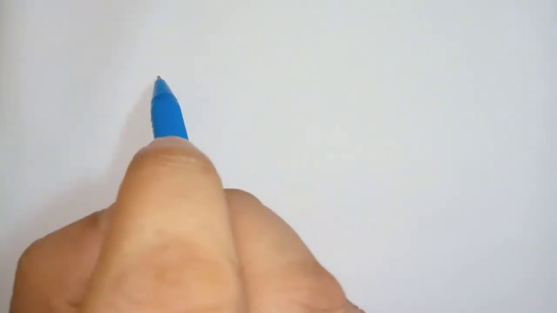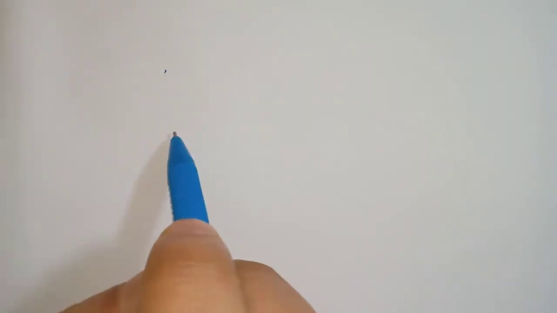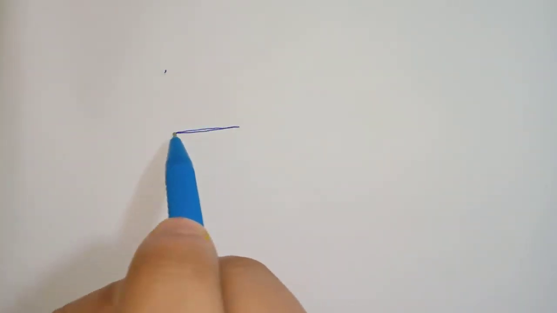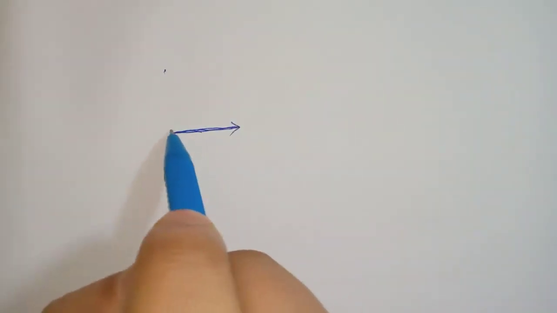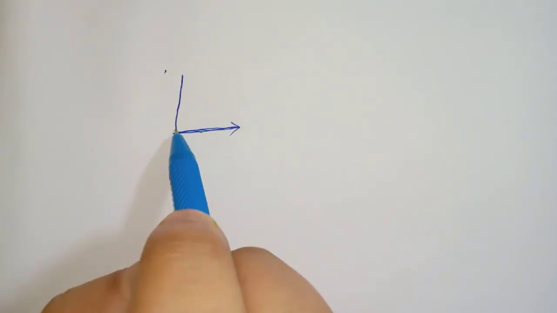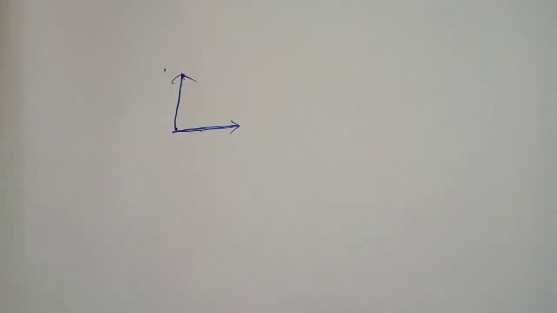So you see the old basis vectors. Let me first draw this. We have got two coordinate systems, this one and this one, right?